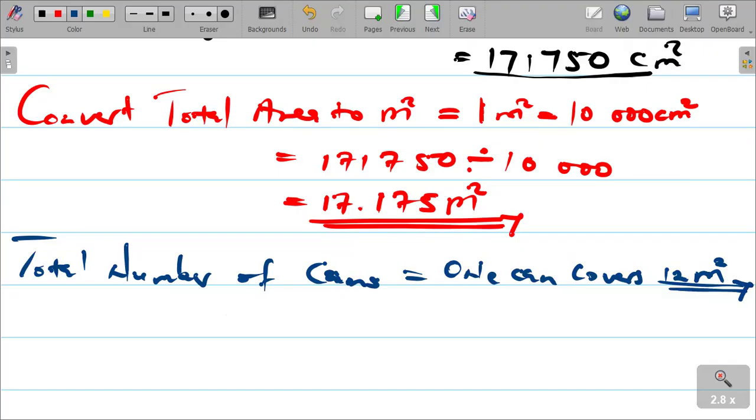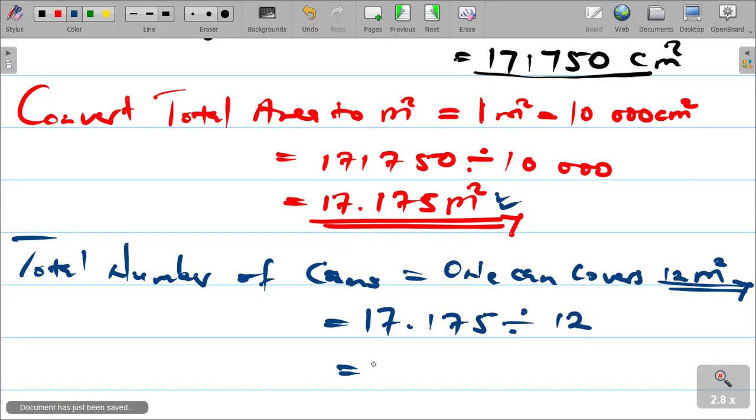That is what we are given. So the number of cans that can cover this space is equal to 17,175 divided by 12, which gives us 1.43.